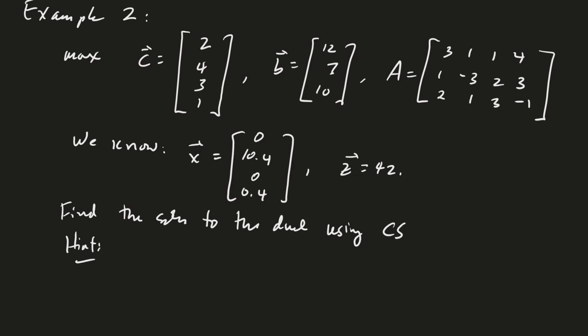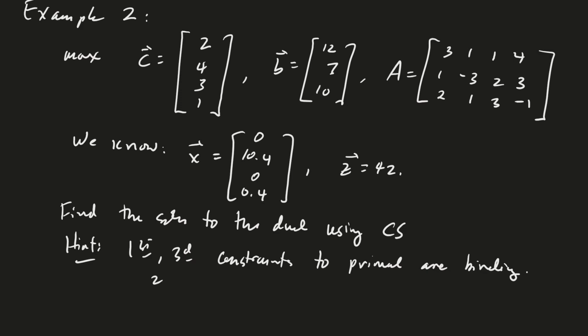First and third constraints to the primal are binding. Okay, and the second is not. Good. Okay, so now what is this hint giving us?